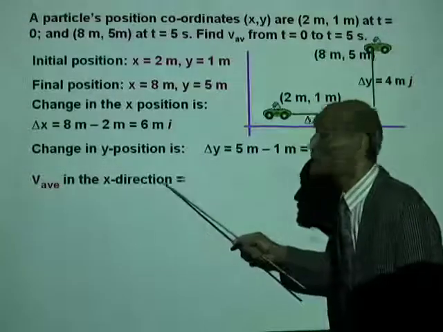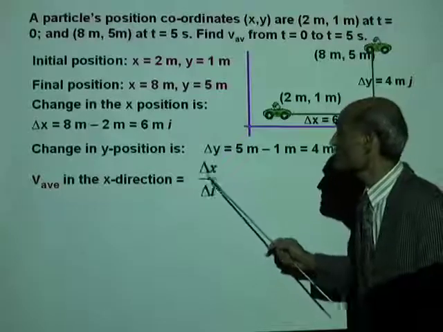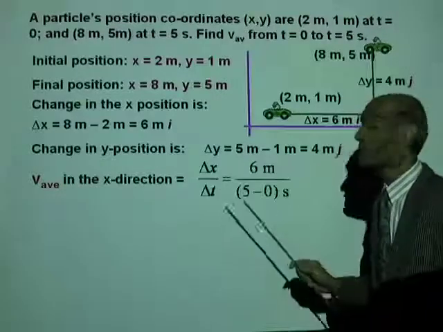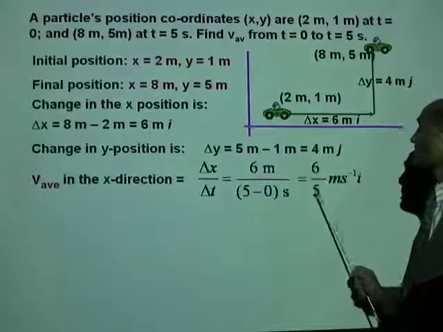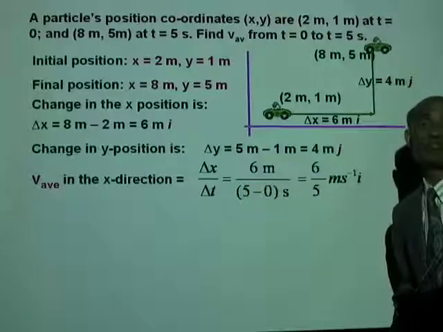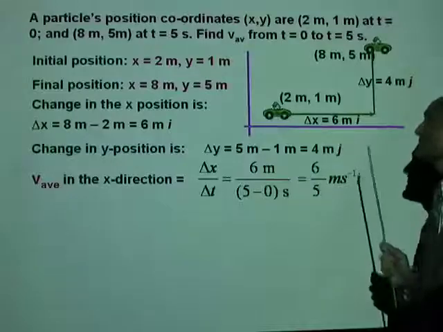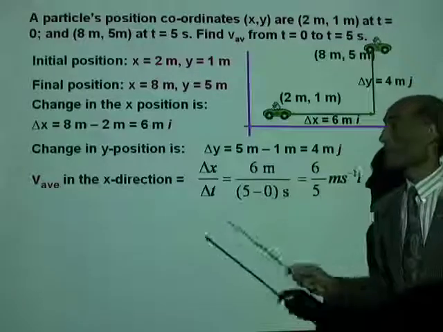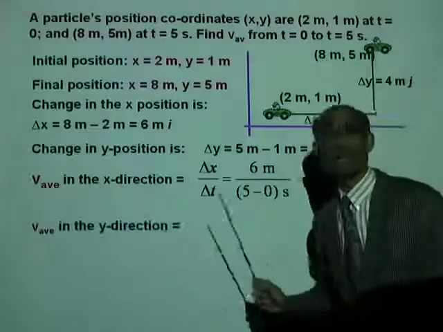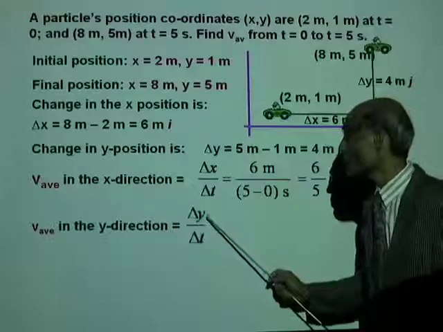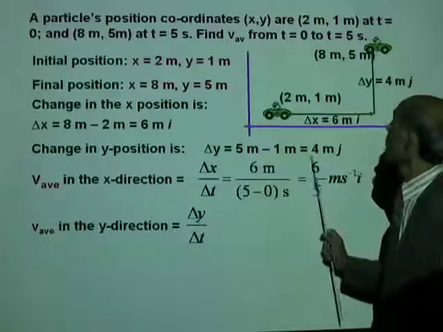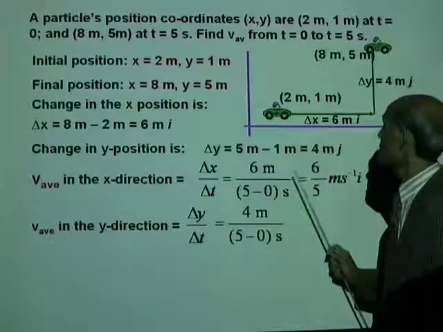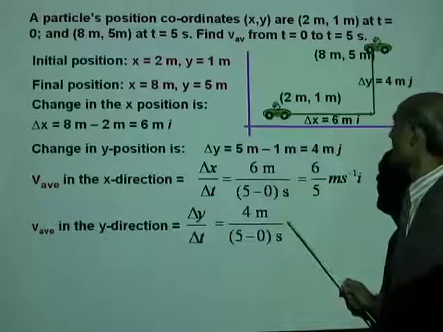V average in the x direction is delta x over delta t, which is 6 meter divided by 5 seconds, which is 6 over 5 meter per second i. And V average in the y direction is delta y divided by delta t, and that will be 4 meter divided by 5 seconds.